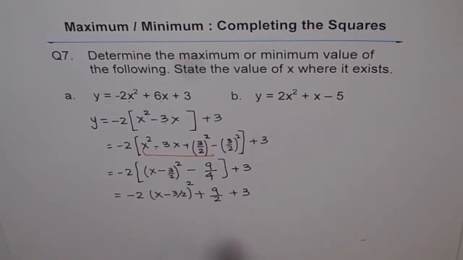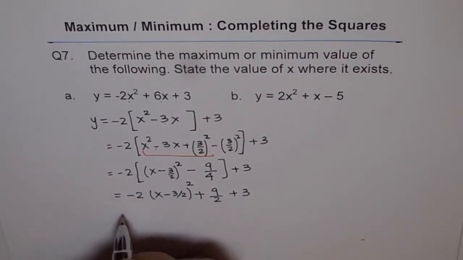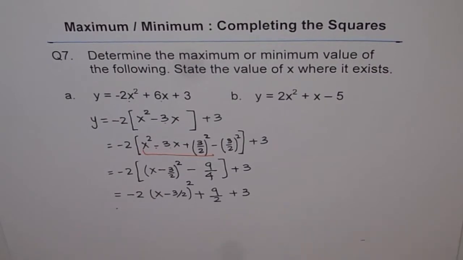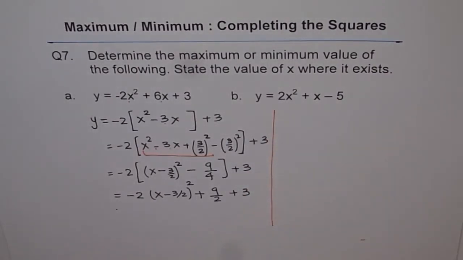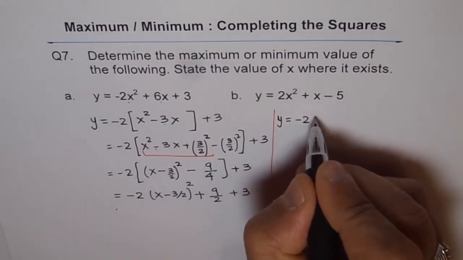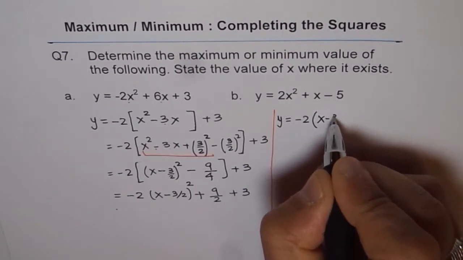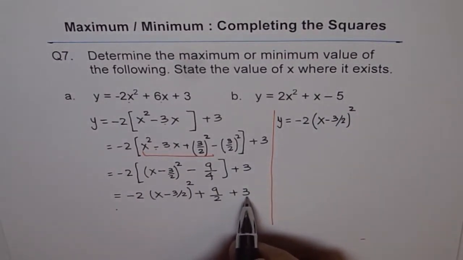Now at this stage, we have come almost to the end. We can combine these two terms, and when we combine this, let's do it on the right side. So we get y equals minus 2 times x minus 3 over 2 whole square, and we can take 2 as the common denominator, right?